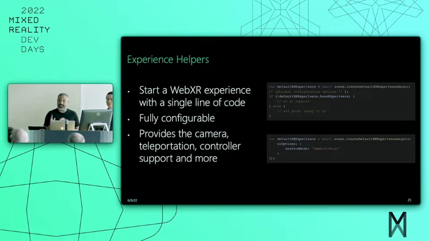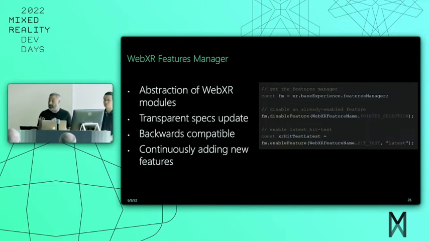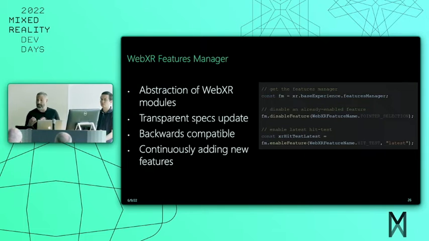As I mentioned earlier, there are different WebXR modules that are in draft mode and are constantly changing, improving, and their public API changes as well. And in order to provide a smooth and transparent update of those modules across browsers that have different specs in different versions, we introduced the features manager.